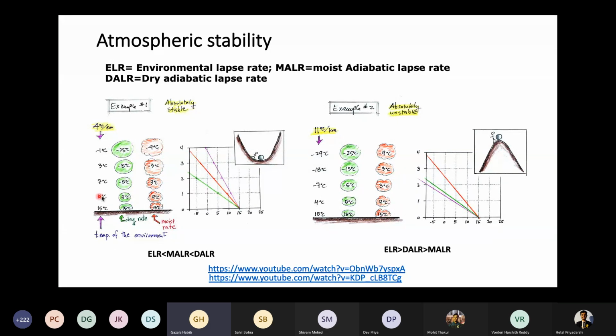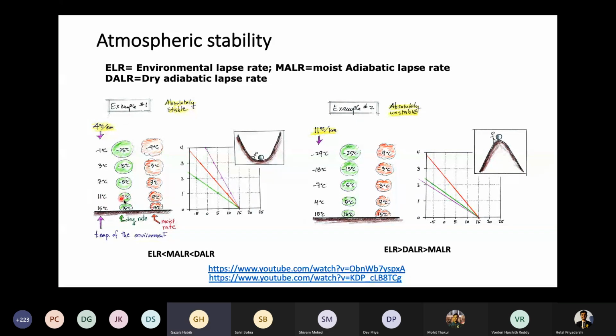Now the temperature outside is greater than the temperature of the air parcel, right? So what will happen? The temperature outside is greater than the temperature inside the air parcel. That means the density of air inside the air parcel will be higher than the density of the surrounding air.